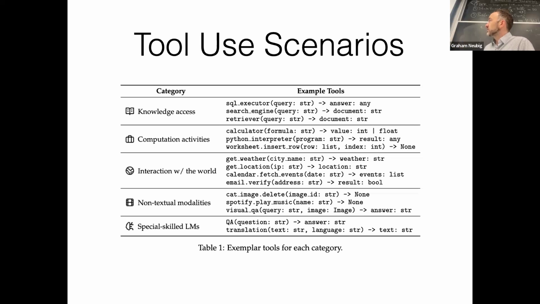Another thing is computation. So computation could be things like calculators, Python interpreters, and other things like this, or manipulating databases. And all of these things are not necessarily related to the external world, but they're performing things that language models are not very good at doing on their own.